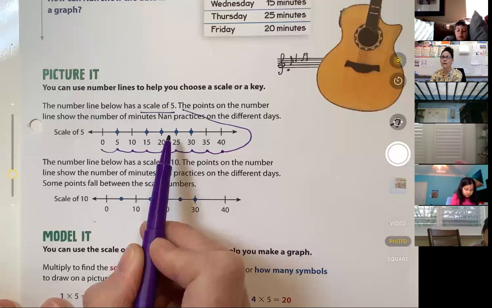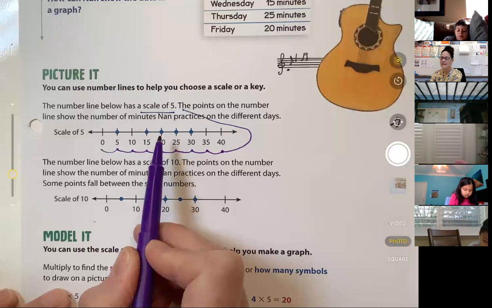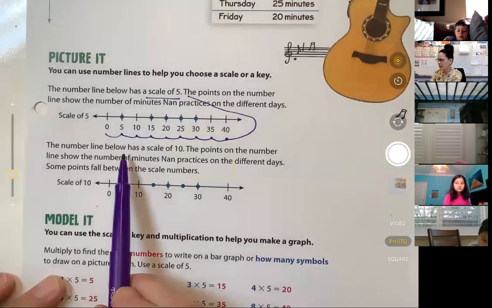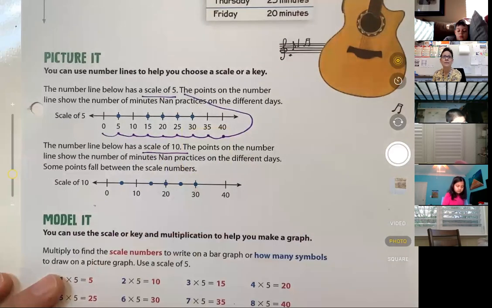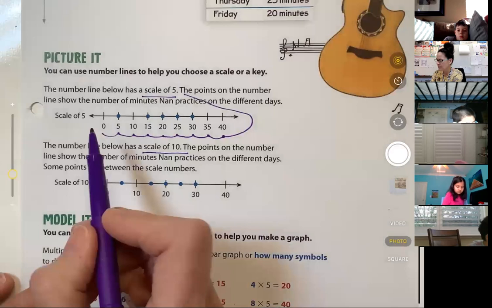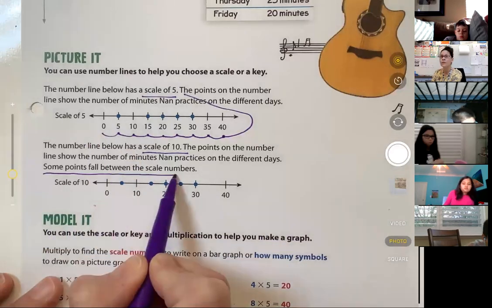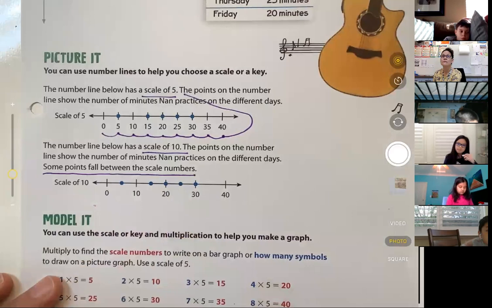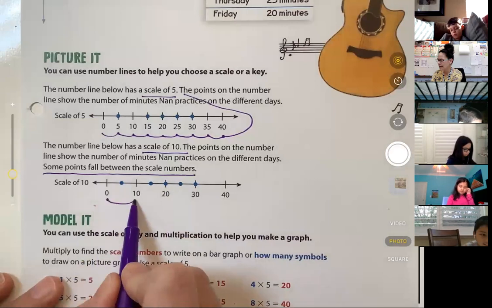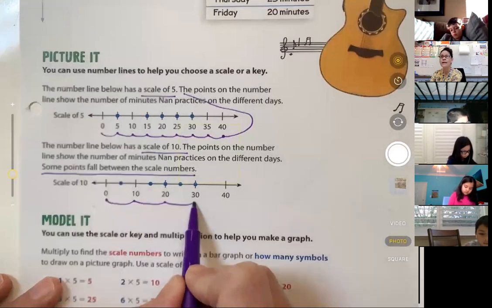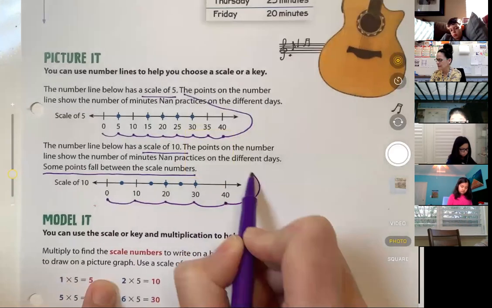And looking down below, a slightly different way to scale this particular data, the number line below has a scale of 10. The points on the number line show the number of minutes Nan practices on the different days. Now, the important piece here is that some points fall between the scale numbers, right? You can see, again, the scale starting at 0, 10, 20, 30, 40, increments of 10, or a scale of 10.